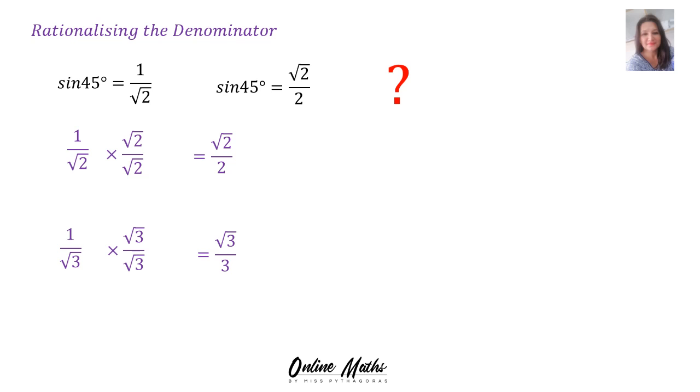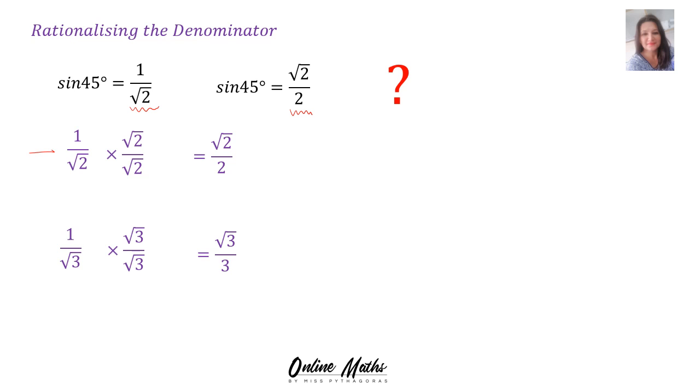Now, it's the same thing, except on the sin 45 here, where the answer is 1 over root 2, we say your denominator has not been rationalized. And then when you do sin 45 with your calculator and the answer is root 2 over 2, then your denominator is rationalized. Now, how does this work?